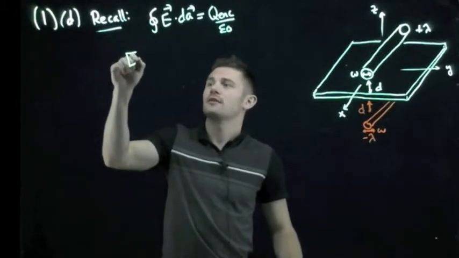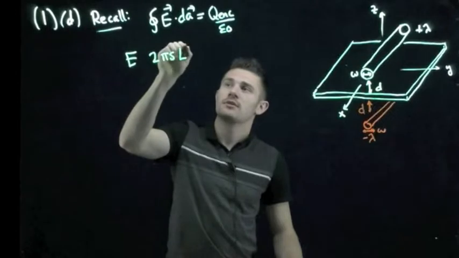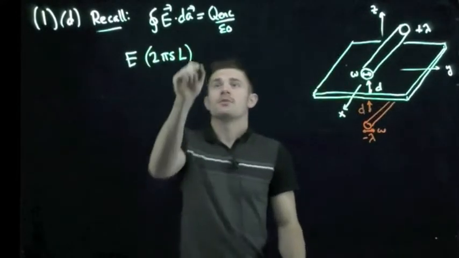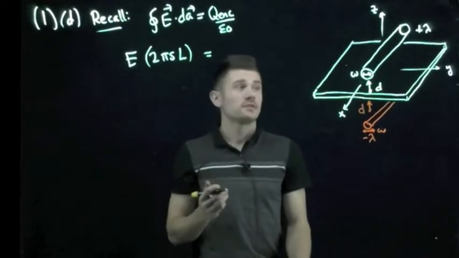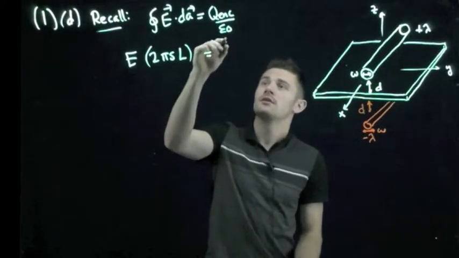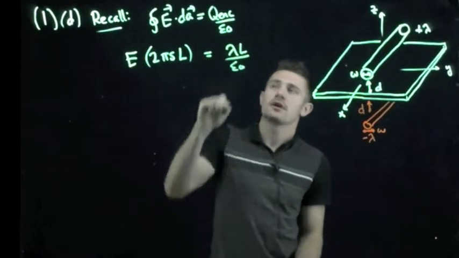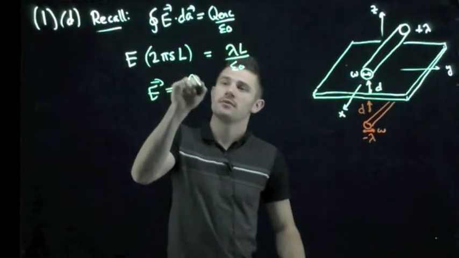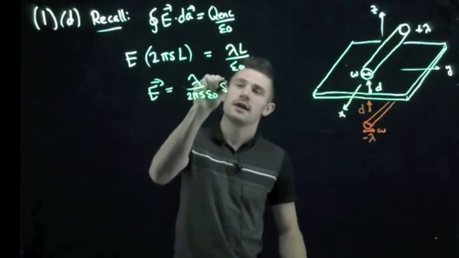But essentially we'll have the electric field multiplied by 2 pi s times some length L, where this is our Gaussian surface with an area 2 pi sL, and the charge that's enclosed by that Gaussian surface, if we put that around the line of charge, will be lambda times L over epsilon naught. And this gives us an electric field of lambda over 2 pi s epsilon naught in the s hat direction.